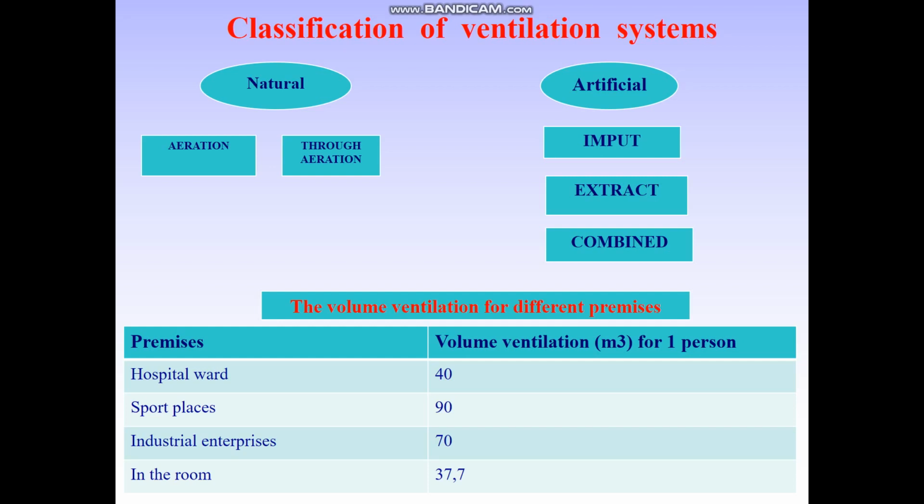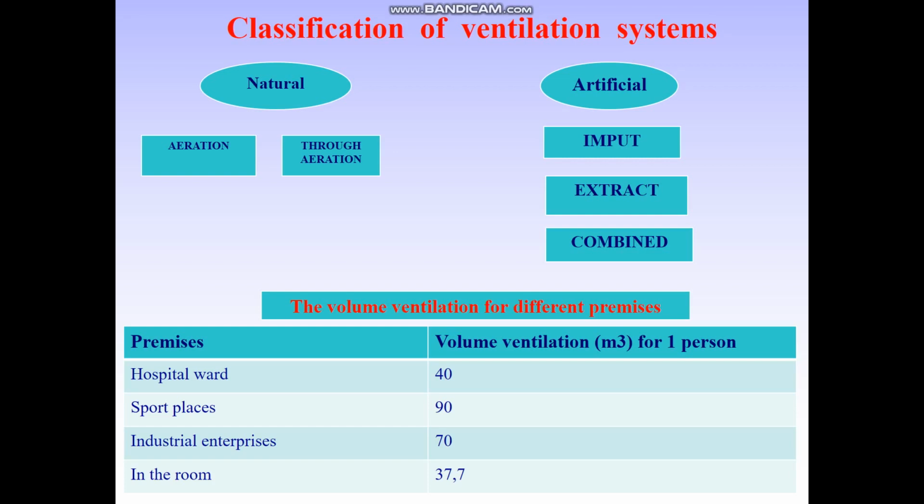The volume of ventilation is 37.7 cubic meters. Therefore, for full removal of spoiled air and replacement by pure atmospheric air, it is necessary to provide approximately 1.5 changes of room air with external air per 1 hour.